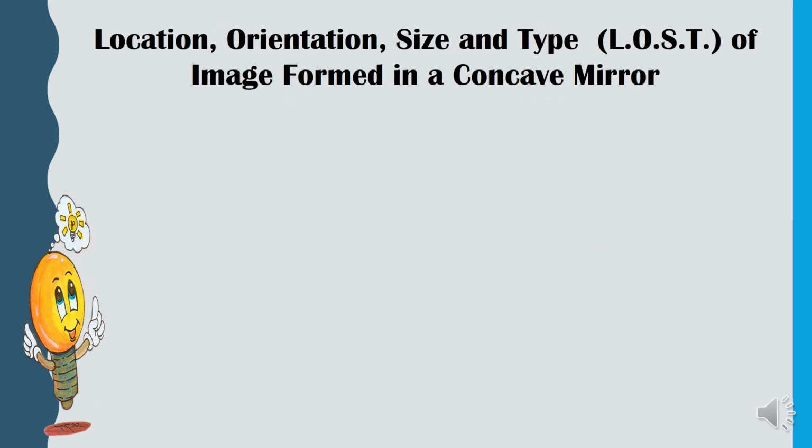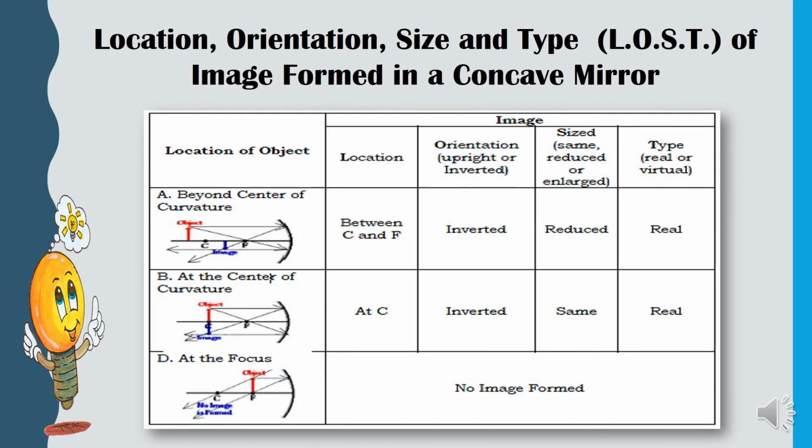Let's now discuss the image formed in a concave mirror in terms of location, orientation, size, and type. When the object is placed beyond the center of curvature, the image can be found between the center of curvature and the focal point. It is inverted, reduced, and real.